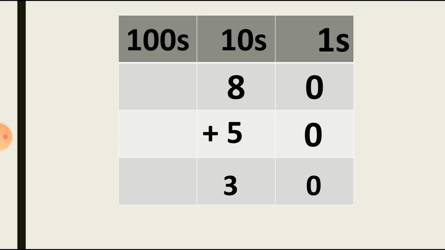So write down the number 3 first. You can see here I write number 3 because 3 is at the ones place, and in the 13, the number 1 will come as a carry forward at the hundreds place. At the hundreds place, this number 1 will go as a carry forward.